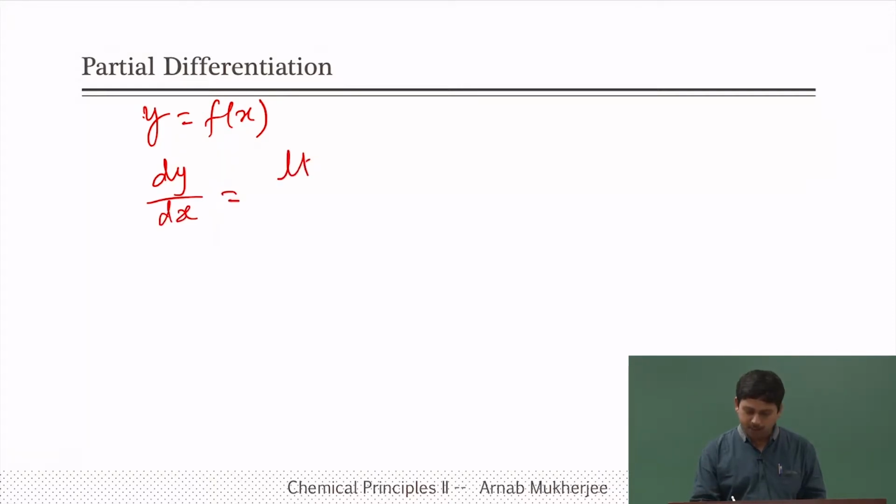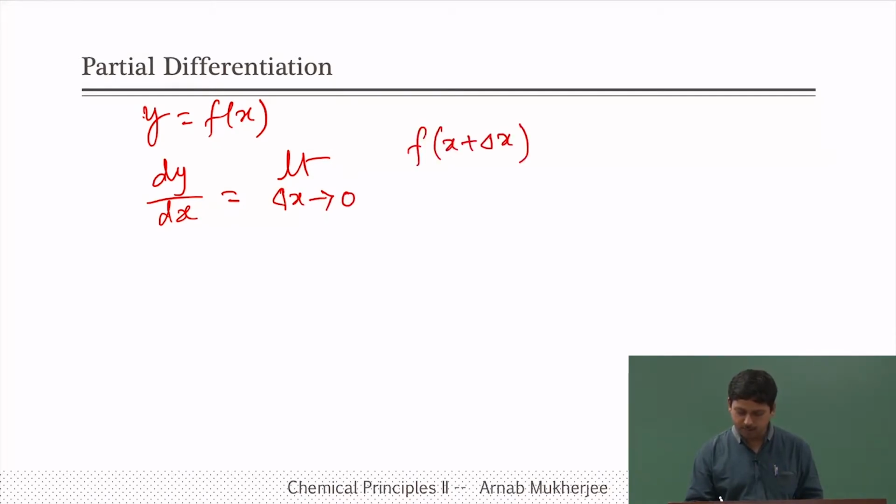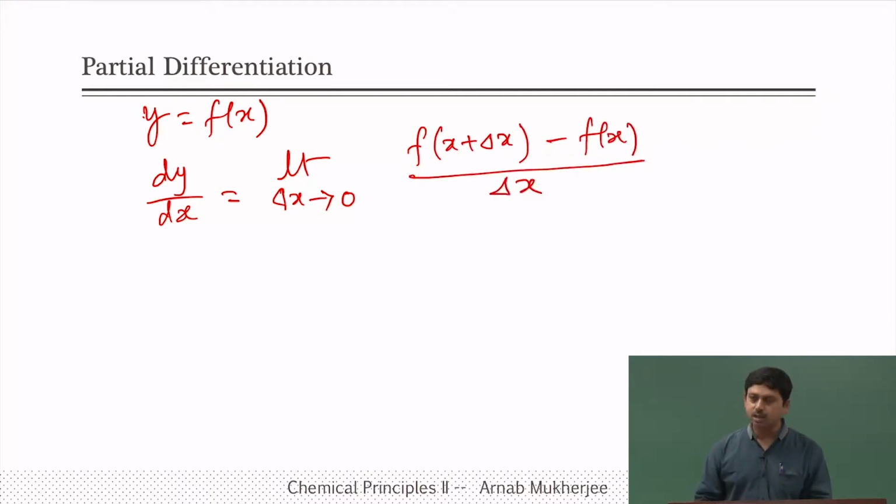So what dy by dx tells us from first principle is how f(x) changes to f(x plus delta x) as delta x tends to 0. This is the definition from first principle: given a function of one variable, how one can get the change of that function with a small change of the variable, divided by, of course, the variable difference. So this is, from the first principle, the definition of a differentiation.